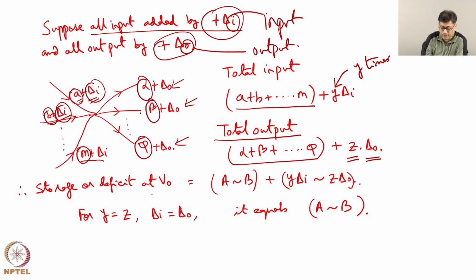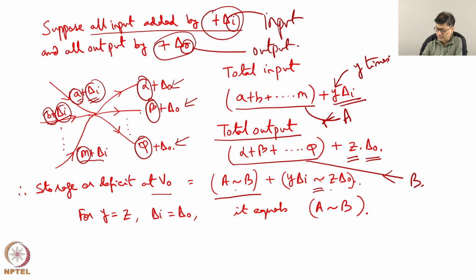So the storage or deficit at V0 will be, now this is capital A and this is capital B. So A bigger minus smaller, B plus y delta I, and then this symbol z delta 0.